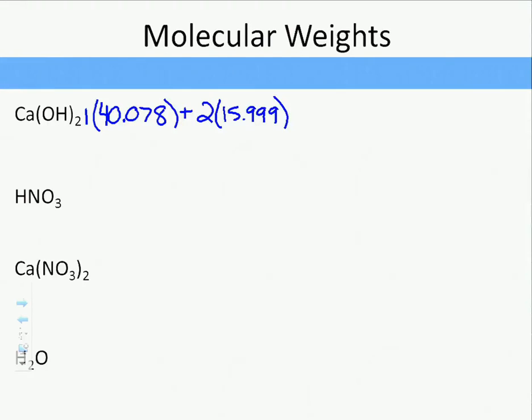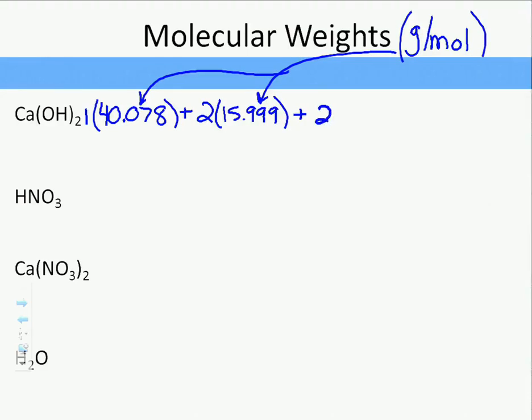And notice my units on all of these, I'm being lazy and I'm leaving them out. But note that my units for every single molecular weight are grams per mole. So my second 2 that I just wrote there is because I have 2 hydrogens, and the molecular weight of hydrogen is 1.0079.